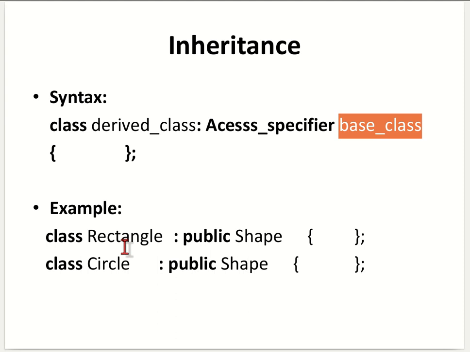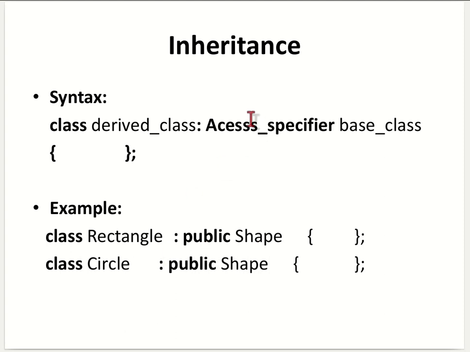For example, class rectangle colon public shape, and class circle colon public shape. Like this we can inherit, and here rectangle is the derived class and shape is the base class.